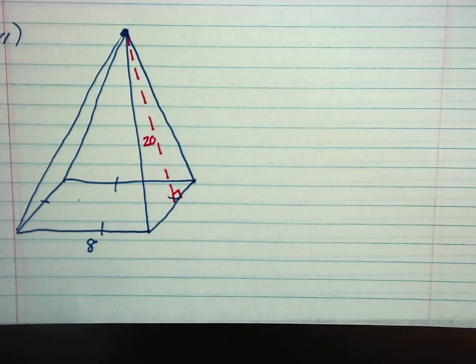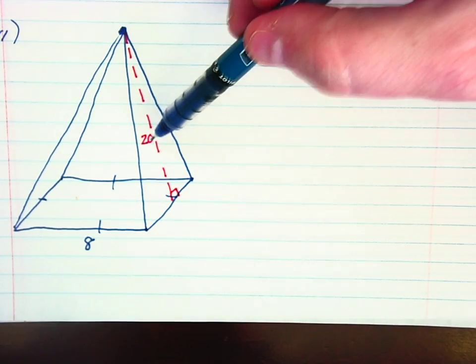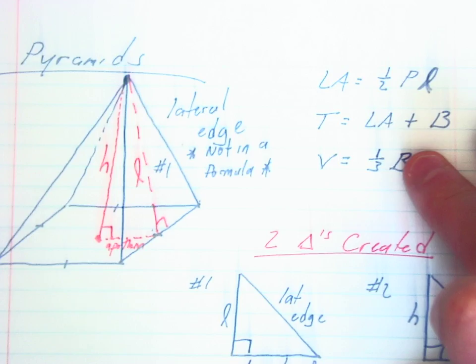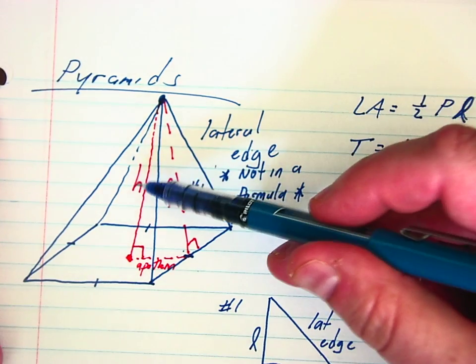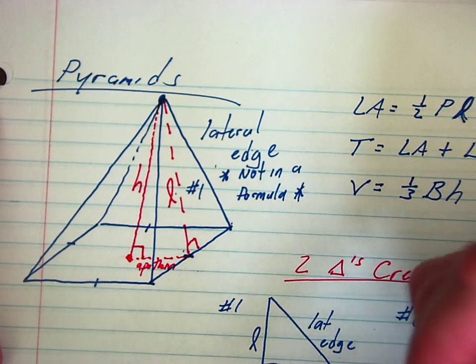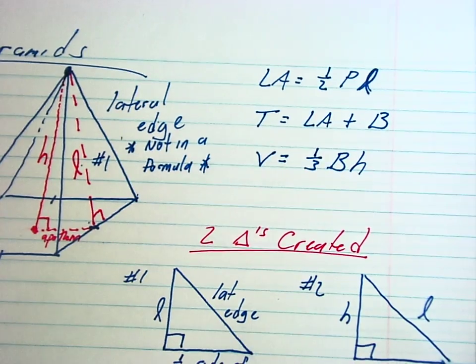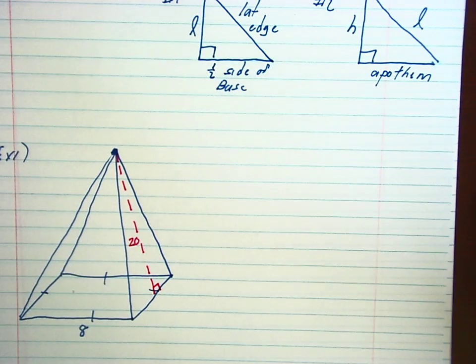First thing I want you guys to do every time, right off the bat, is identify what it is I gave you. That 20, that's one of 3 things. It's either the lateral edge, the slant height, or the height. You need to know which one it is, because if you think it's the wrong thing, you're going to get a bunch of things wrong. So zoom out a little bit. We got to figure out what that 20 is.